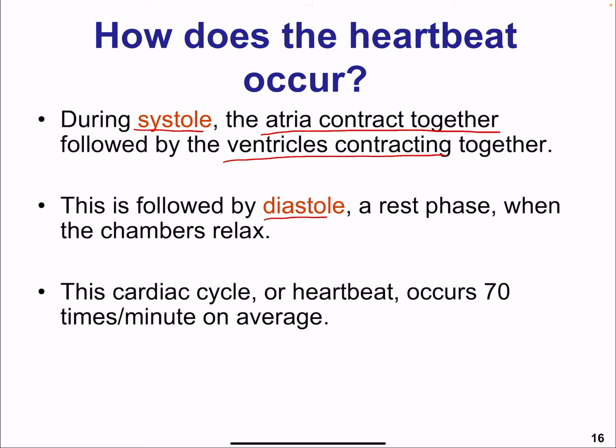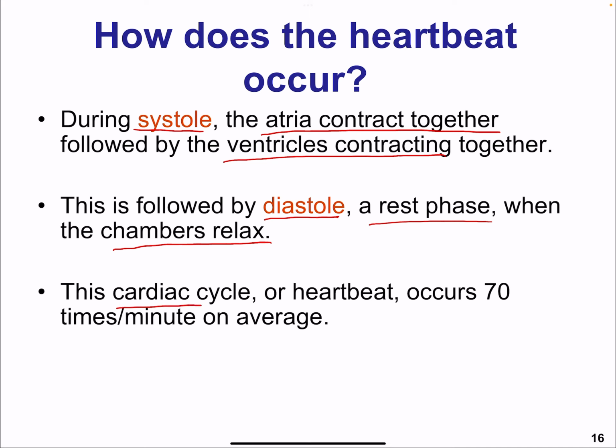So during diastole, you have a relaxation of the atria and the ventricles. That's diastole, right? So the cardiac cycle, it's basically as we go from systole, contraction of the chambers, to diastole, relaxation of the chamber, and back to systole, that's another cycle, right?